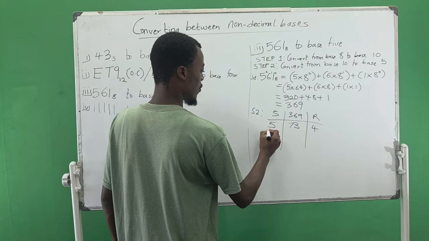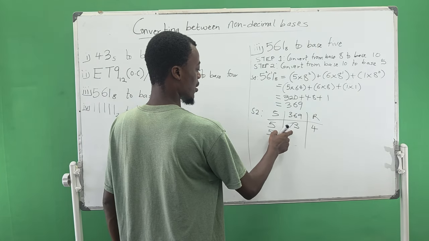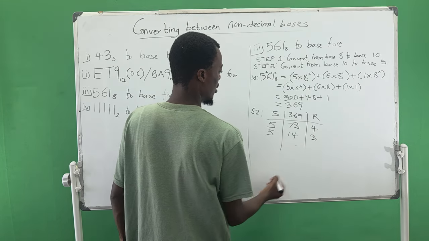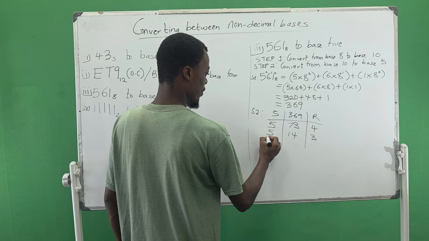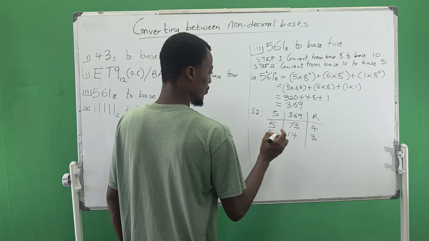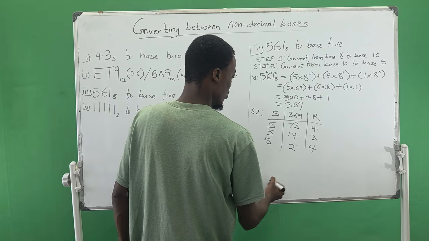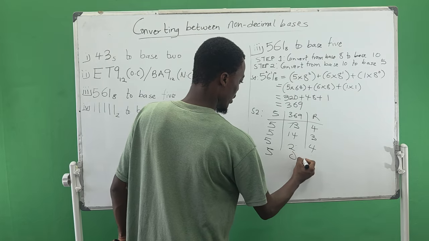And once again, 5 goes into 73, 14 times, remainder 3. And once again, 5 goes into 14, 2 times, 5 times 2 is 10, remainder 4. 5 here, 0, and 2.